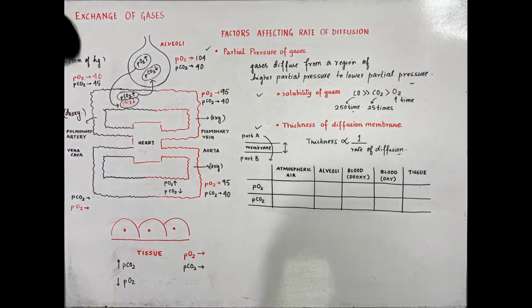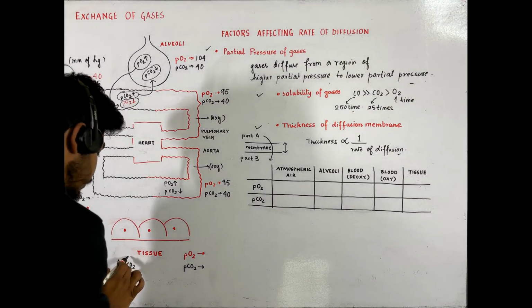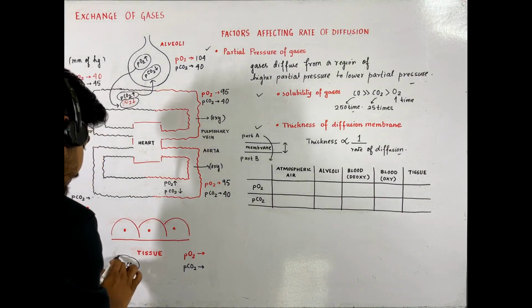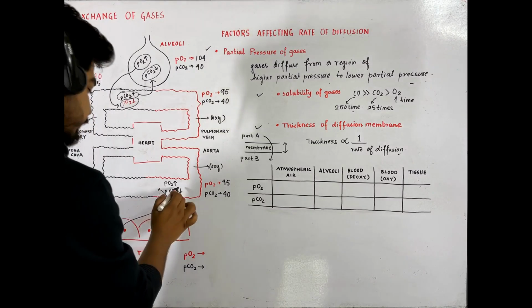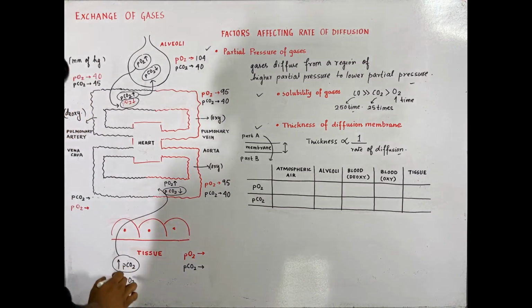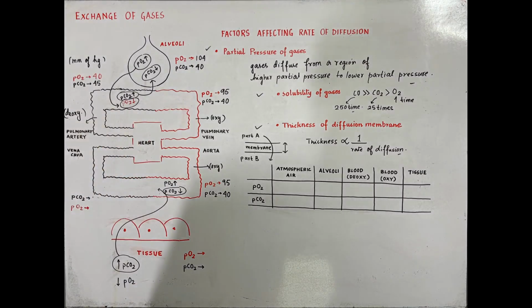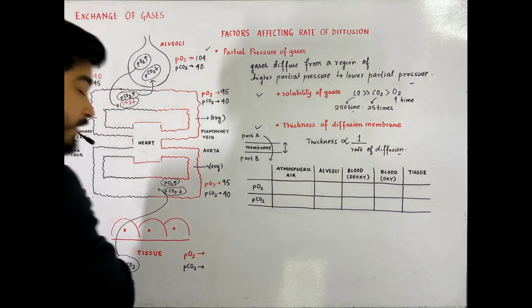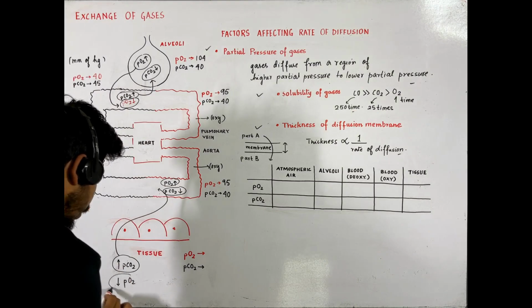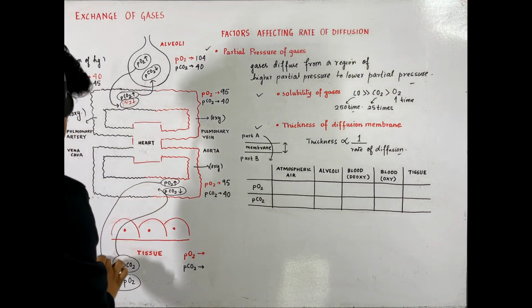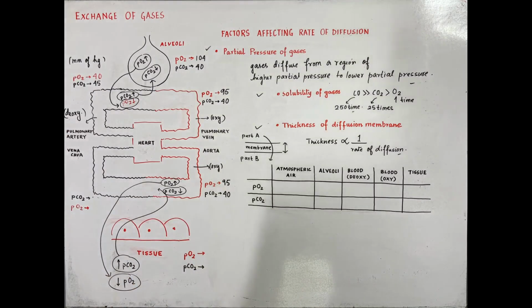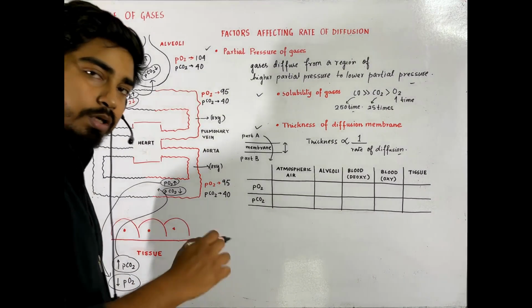So now what is going to happen? The CO2 will come out from the tissue to the blood vessel, from higher partial pressure to lower partial pressure. And what do you see? The partial pressure of oxygen is high in the blood vessels and low in the tissue, so oxygen will enter into the tissue.